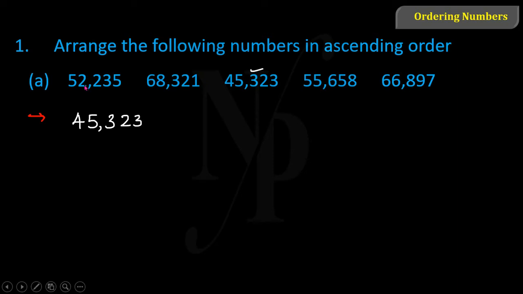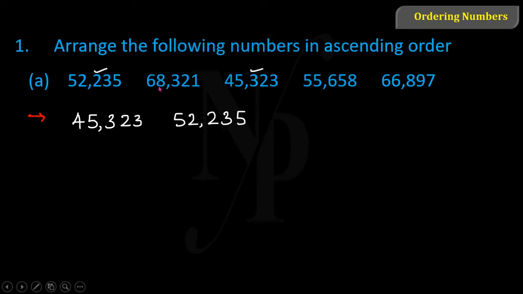Therefore 2 is smaller than 5, so 52,235 is the next smallest number. We write it in the second position, put a tick mark, and compare the remaining three numbers.